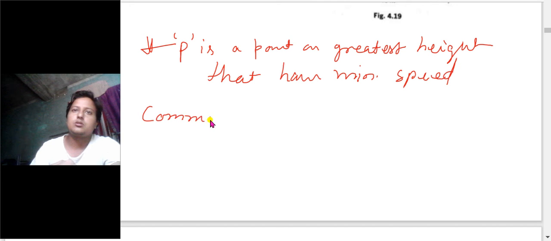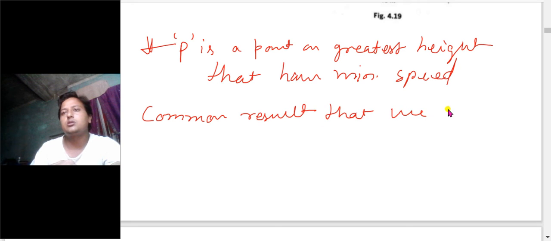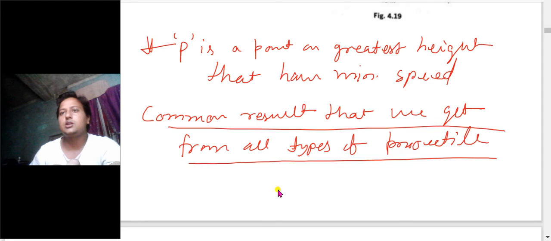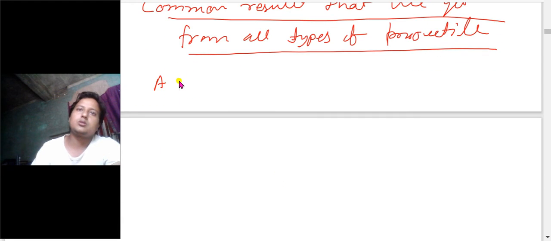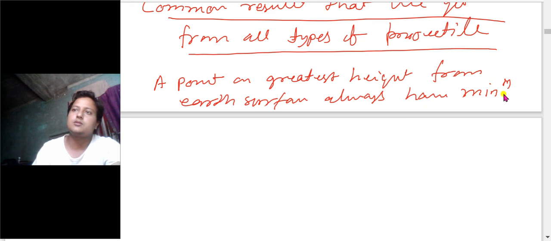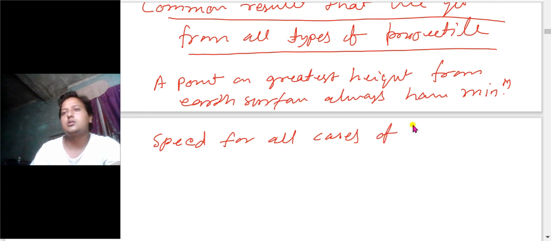So the common result that we get from all types of projectile is that a point on greatest height from the earth surface always has minimum speed, for all cases of the projectile.